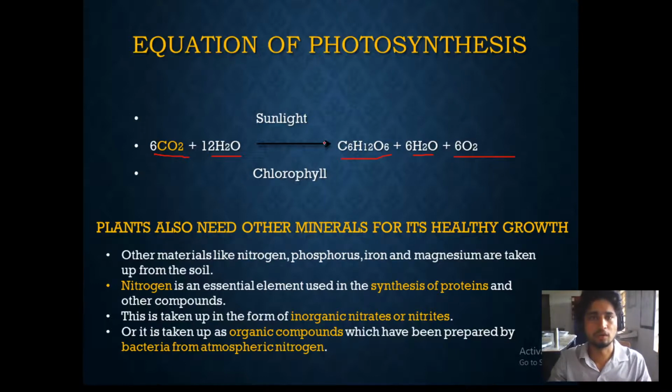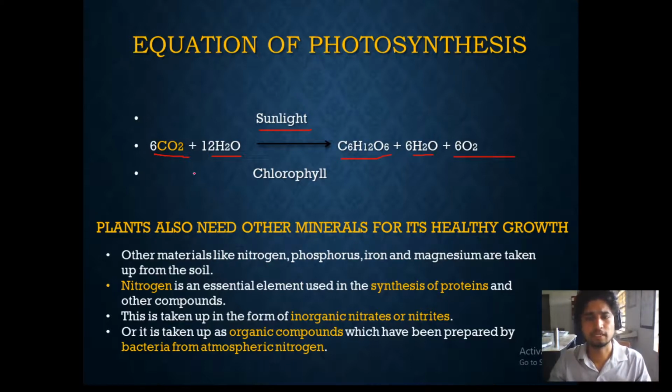So we have understood how photosynthesis is performed in plants, and without any of these raw materials like sunlight, water, and carbon dioxide, they are not able to perform photosynthesis. This we have confirmed with various activities.